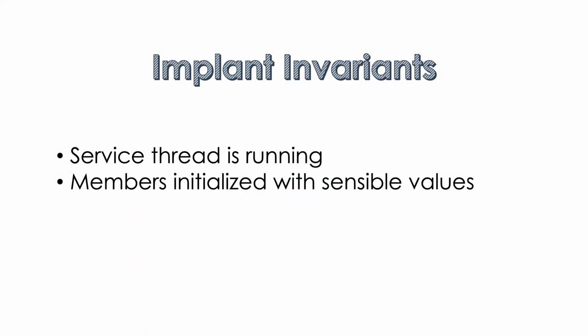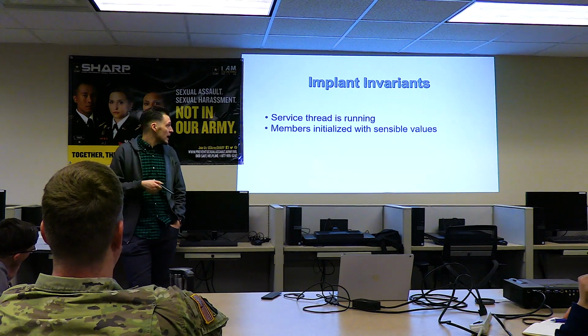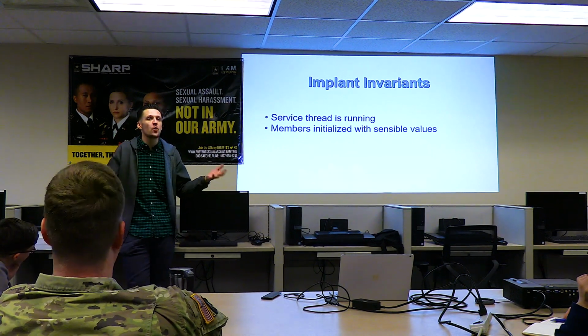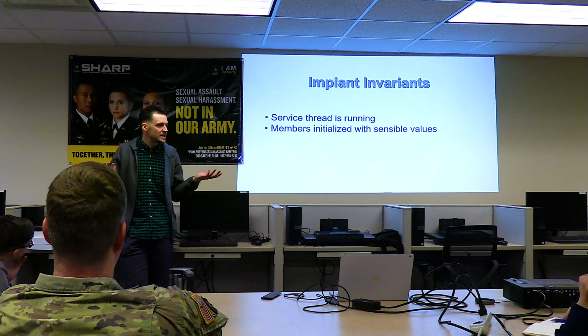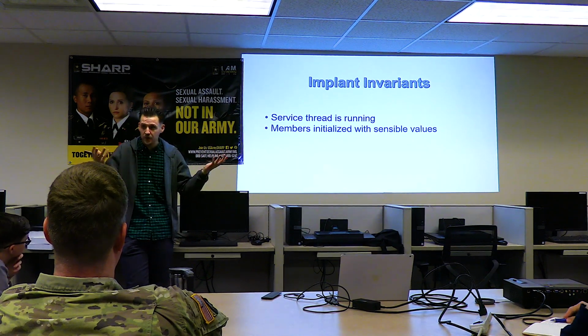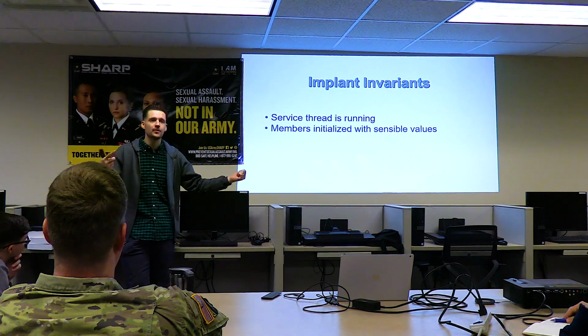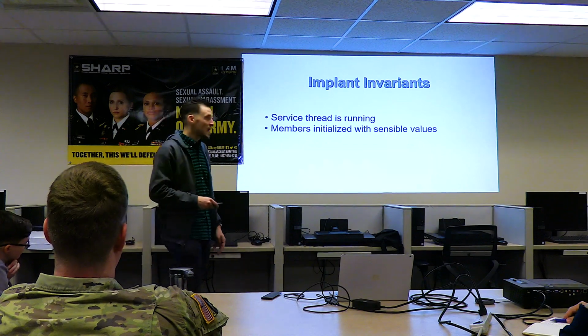So here are two, we could probably think of more, but here are two that I came up with for when we're designing this implant class. One is that the service thread is always running. So as long as this object is up, there's a thread behind it that's constantly pulling tasks out of the queue, right? That's one invariant.